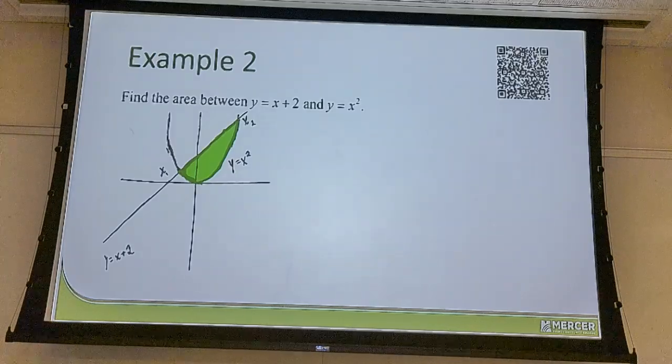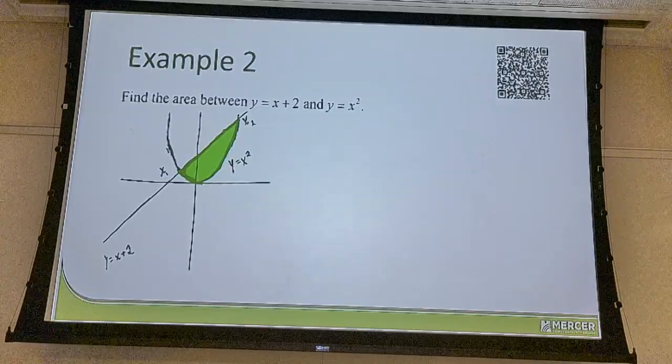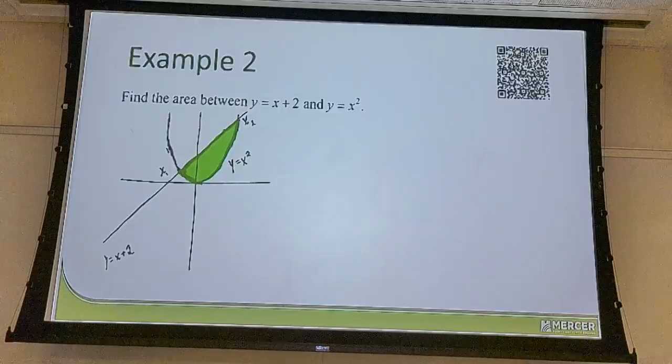We need X1 and X2. How do we find them? It's like the functions equal to each other.